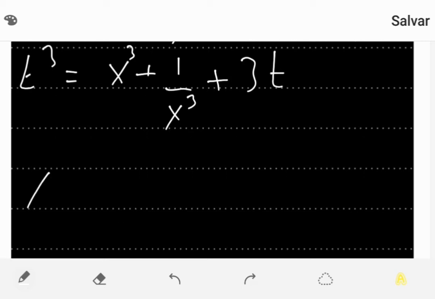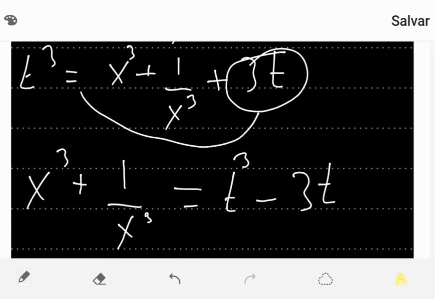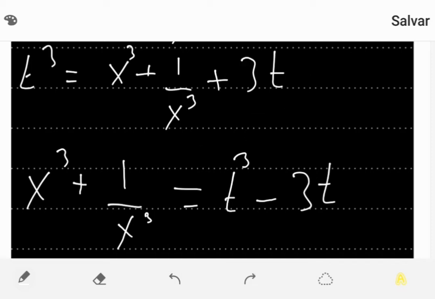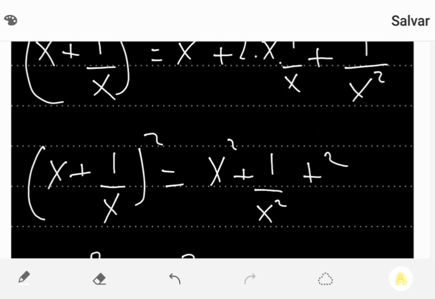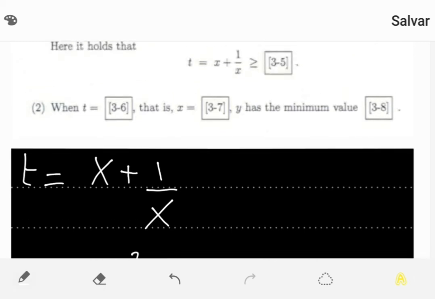So x cubed plus 1 divided by x cubed is equal to t cubed minus 3t. This 3t goes to the other side, subtracting, right? So this is the second thing we have, the second piece of information.